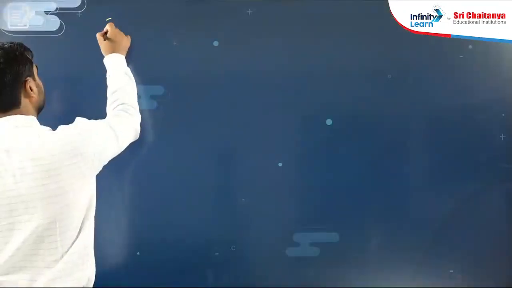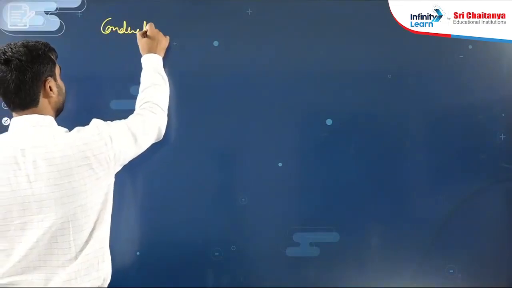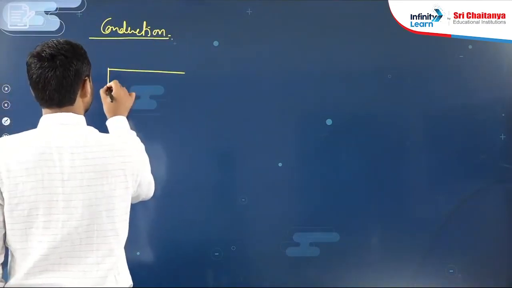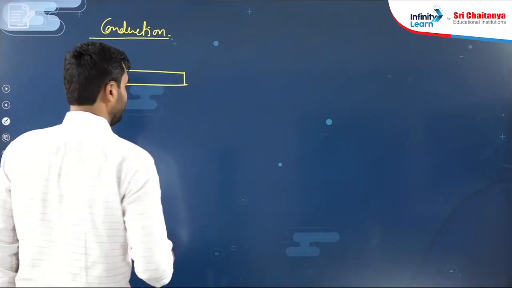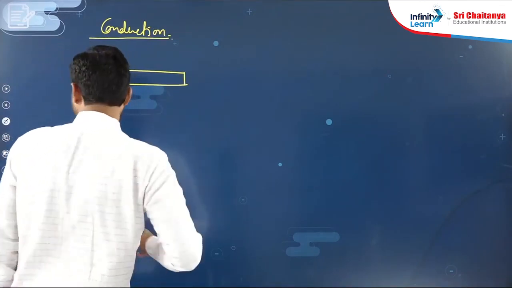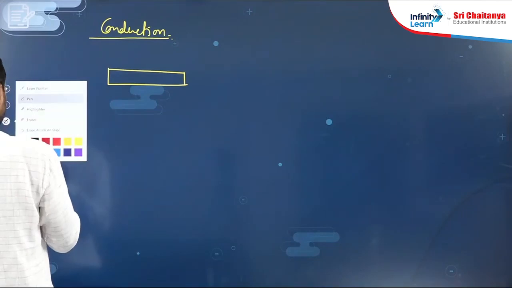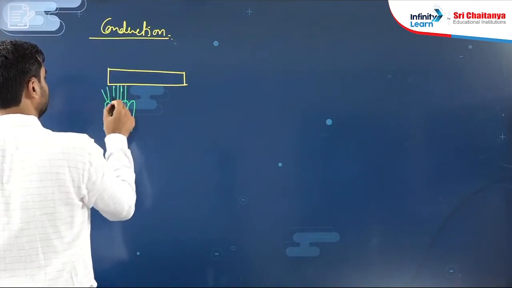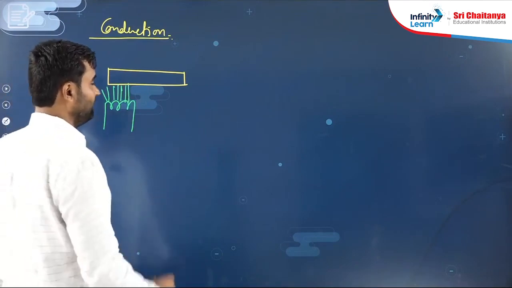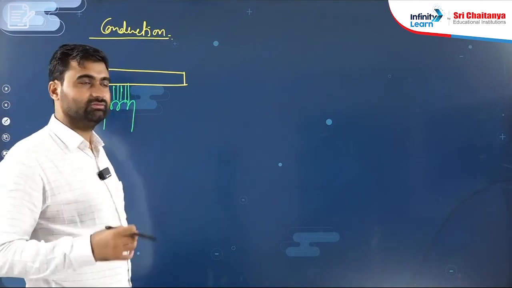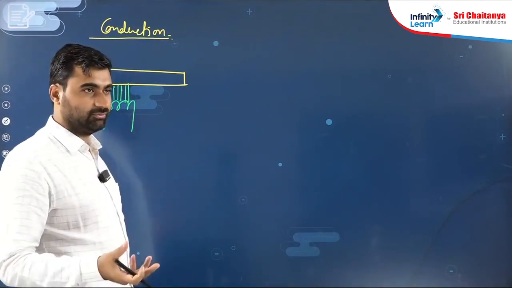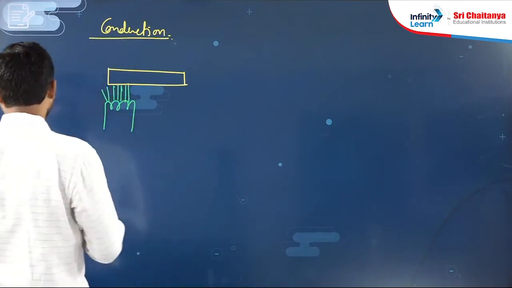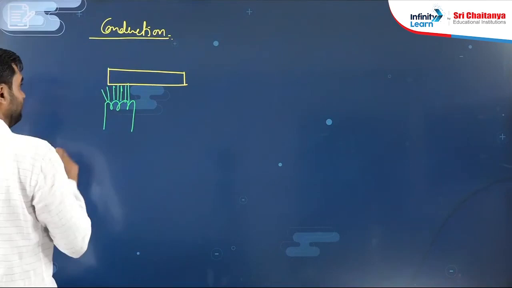Okay, so conduction mode. Already some points we discussed, that due to conduction mode, heat transfer takes place in solids. So what example I gave here, that this is any metallic rod, iron rod you can say, aluminium, copper, whatever. We are heating it. If we are heating it, what will happen?